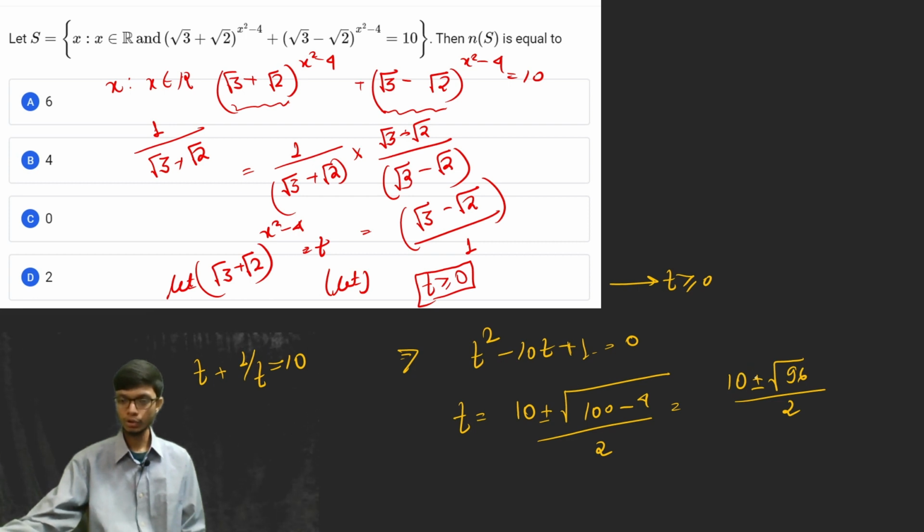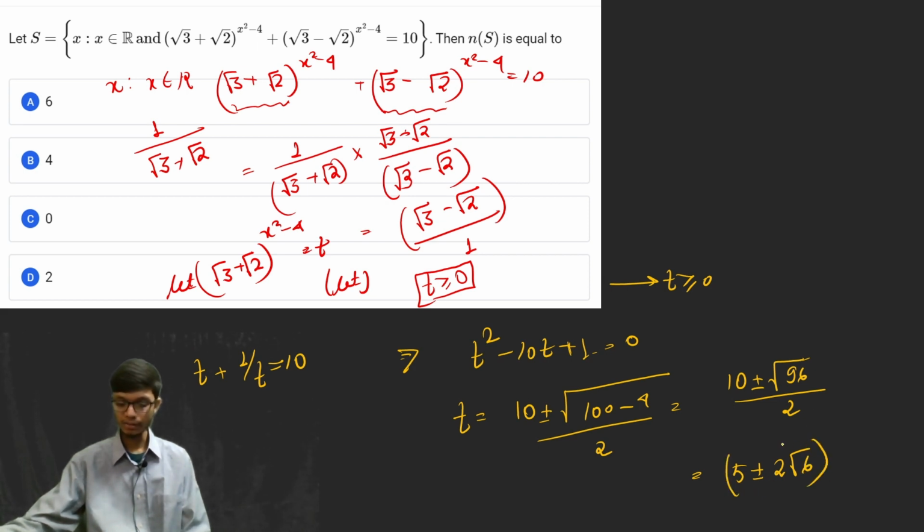So if you take the negative sign, that is 10 minus root 96, or maybe you can simplify this as 5 plus minus, and 96 can be written as 16 into 6, so you can write it as 4 root 6, and if you cancel out by 2, this is 2 root 6. So you get the values as 5 plus minus 2 root 6.